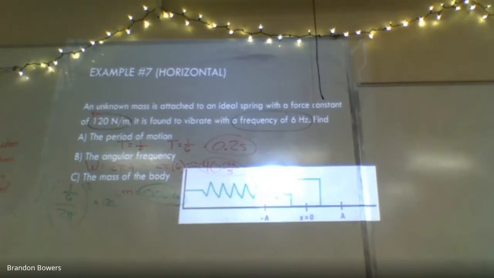So we have 1 divided by 6, right? Easy. Then you divide it by 2 pi, square it, and then you times it by 120.